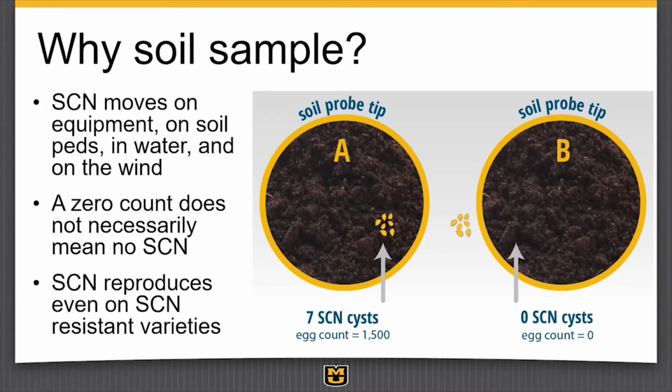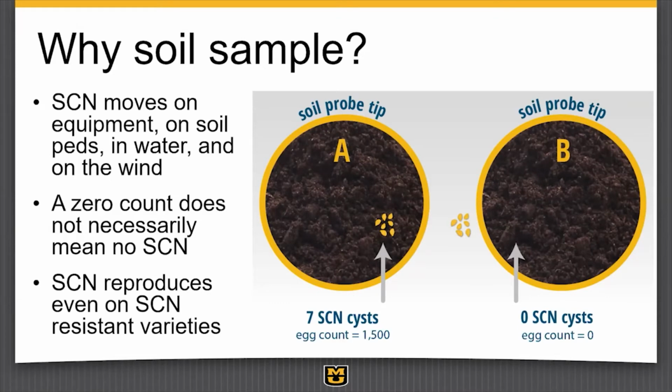Another thing to keep in mind is just because you have an egg count of 0 does not necessarily mean that you don't have soybean cyst nematode. And this is shown in the picture on the right. If you're taking a soil probe, putting it into the soil, and taking a soil sample, sometimes you will capture the 7 cysts in picture A, and you will get an egg count as a result of capturing those 7 cysts.